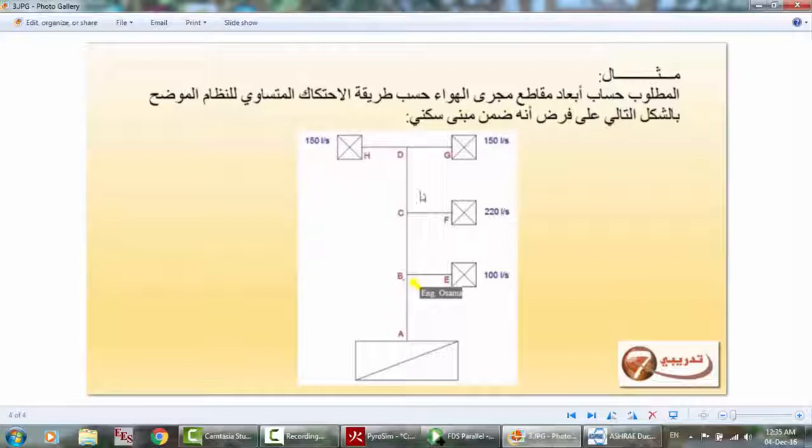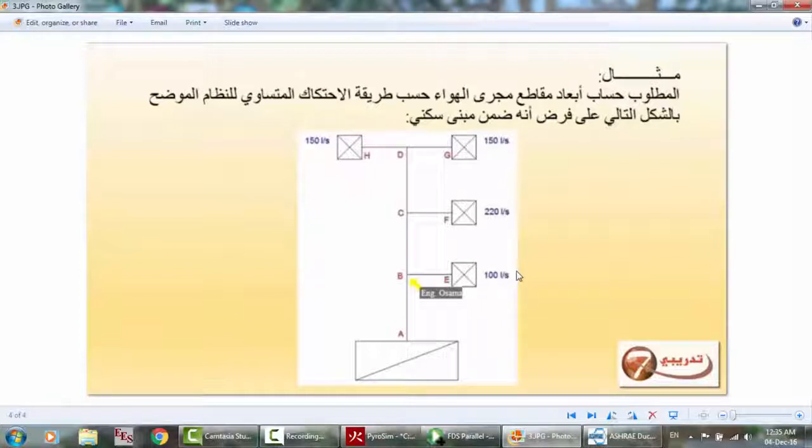So at the end, as a result, the flow that will enter this room is 150 liter per second in the single line diagram and in reality, and here 100 liter per second in the single line diagram and in reality.